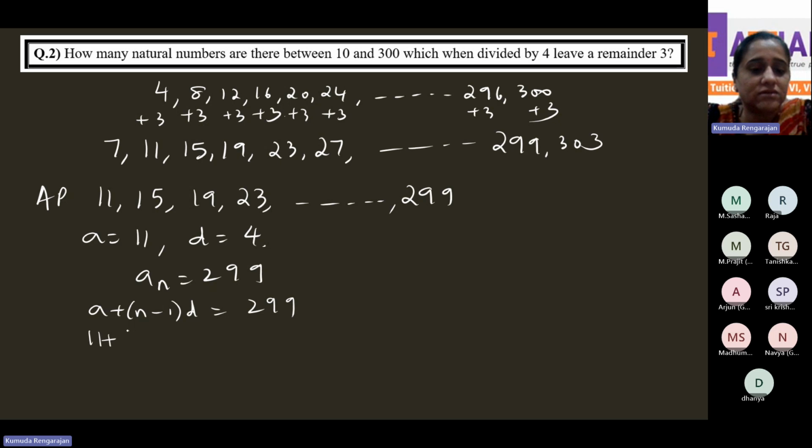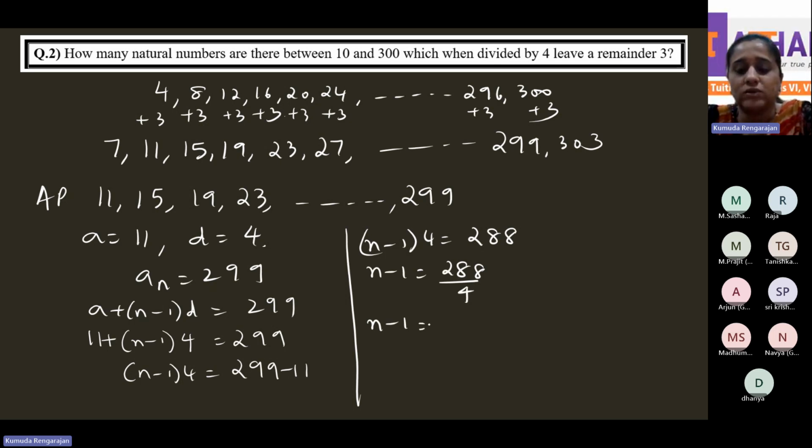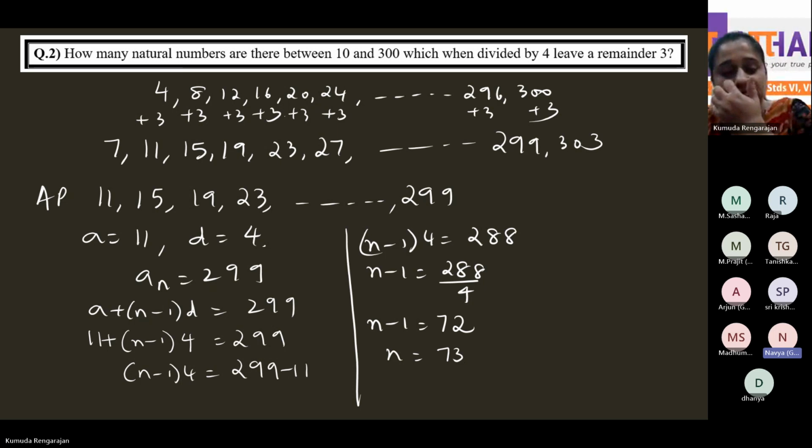So 11 plus (n minus 1) into 4 is equal to 299. (n minus 1) into 4 is equal to 299 minus 11, which is 288. n minus 1 is equal to 288 divided by 4, which is 72. n is equal to 72 plus 1, 73. Now here you said 73? Yes, ma'am. Very good. Yeah, you're right. Please take down the answer, children.